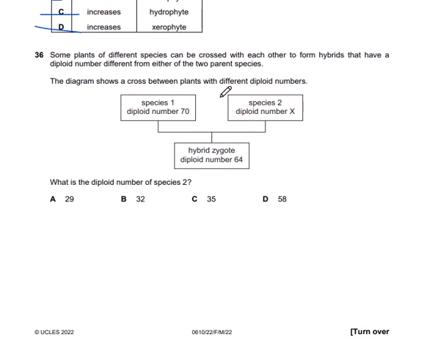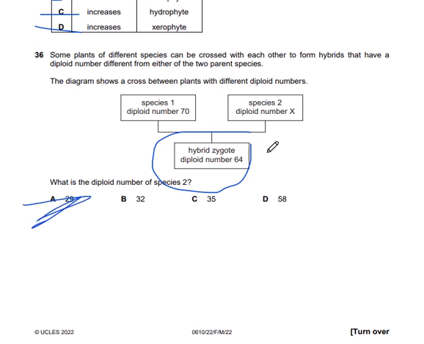Alright, I'm sorry, I was the one confused. This question was one of the confusing questions in this paper. So basically, they said that the zygote did not have the same diploid number or haploid number as the others, right? So just take it as an example. If the diploid number of species 2 was 29, that wouldn't make sense, right?